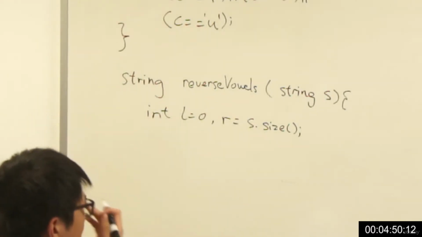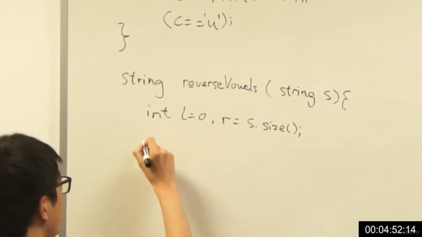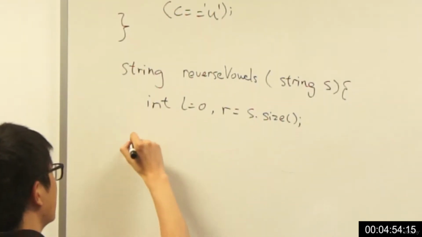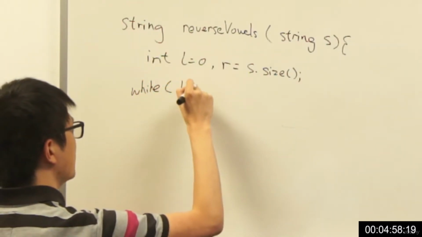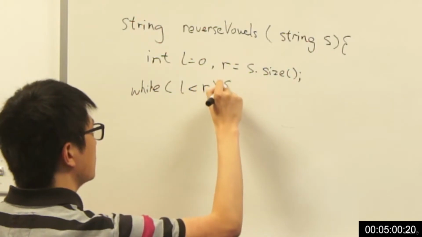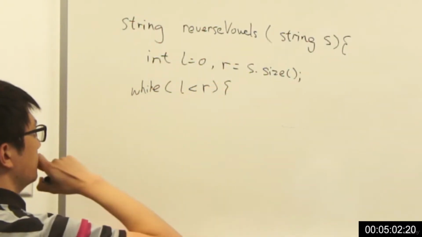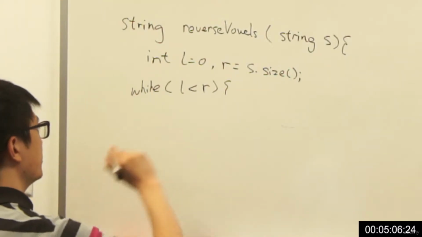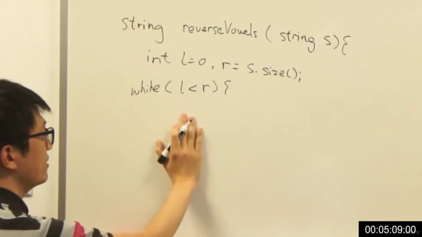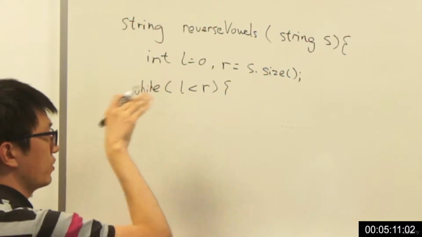So what I can do is we can do a for loop. I can do a while loop. While left is less than right. So first I want to find the first vowel going from left.